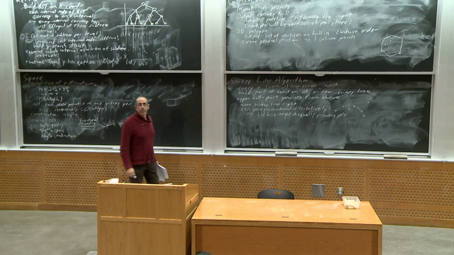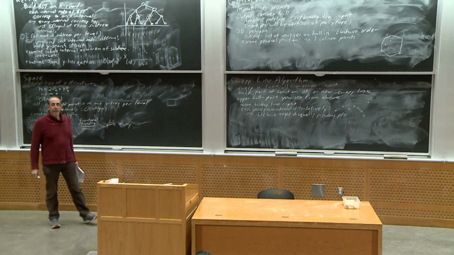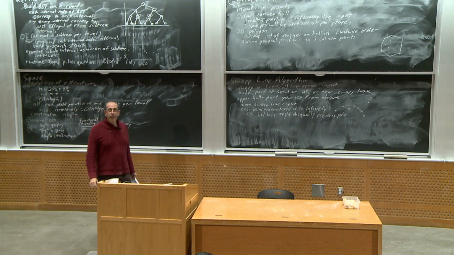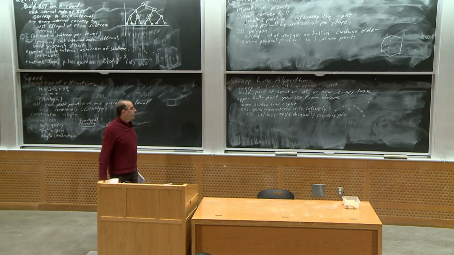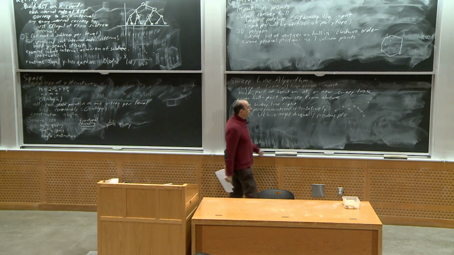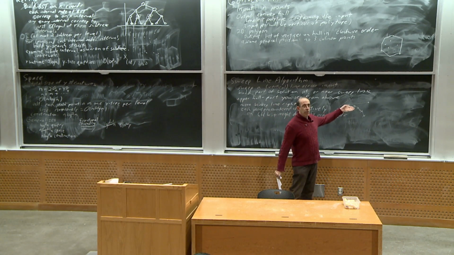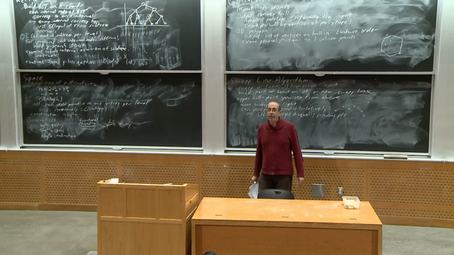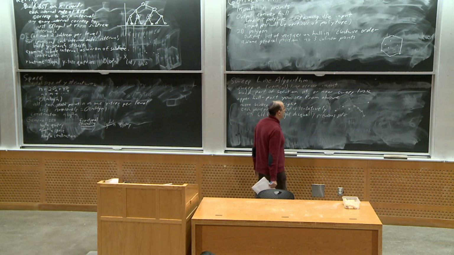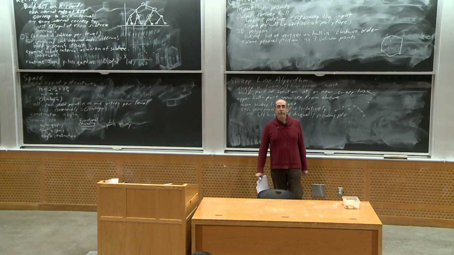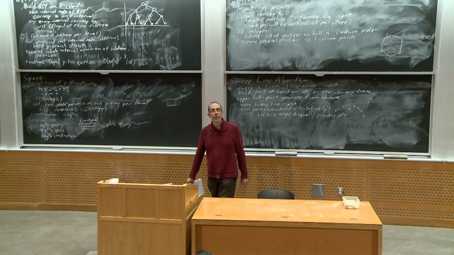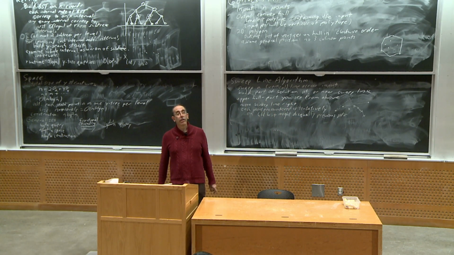Yes? So we need to think about how to implement this disqualification process. Looking at this visually, how do we know what points get disqualified when we add a vertex to the sweep line? Yes? You have to always turn right.